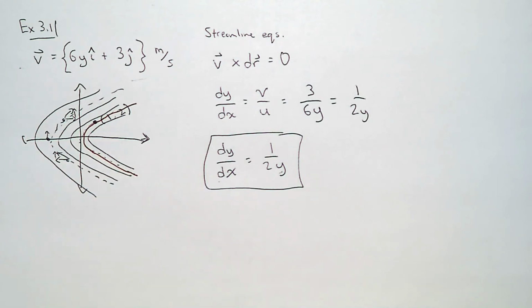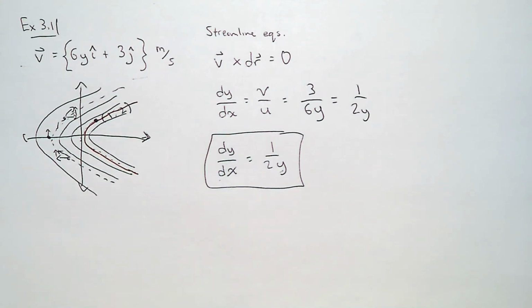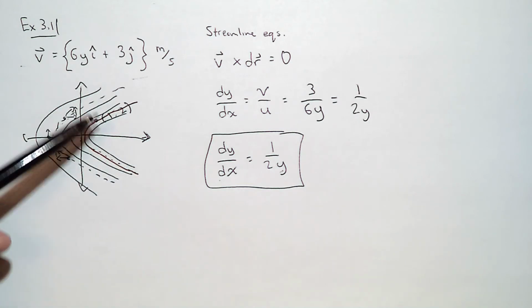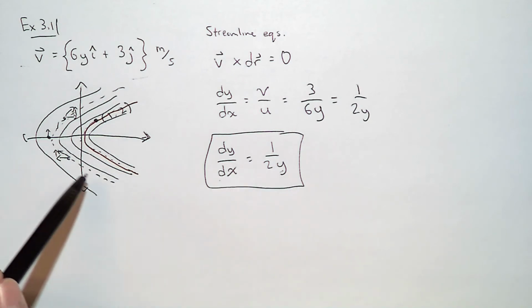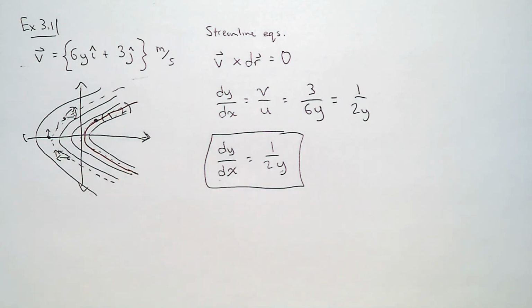We call it an ordinary differential equation because the derivatives in this function are total derivatives. In other words, y is only a function of x. It's not a function of time, it's not a function of anything else, because this equation describes a flow field, so my equation simply describes the path of the streamline of a particle.